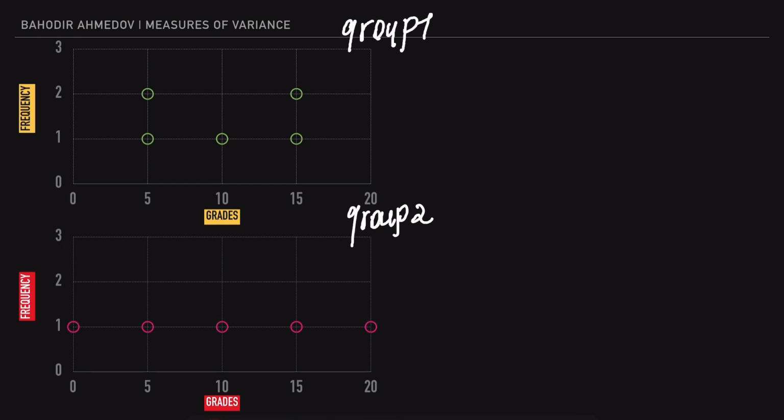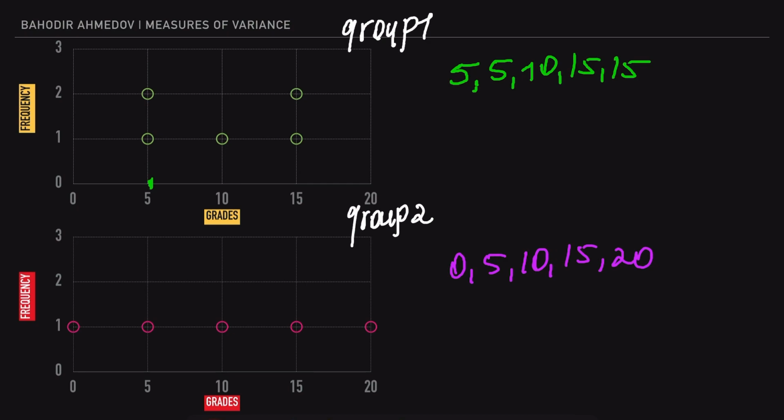I've got the data set, so the students' grades are 5, 5, 10, 15 and 15. If you remember how we make the dot plot, we find the number 5, and we put a dot above it every time we've got a result which corresponds to 5. The second group has the points which correspond to 0, 5, 10, 15 and 20.